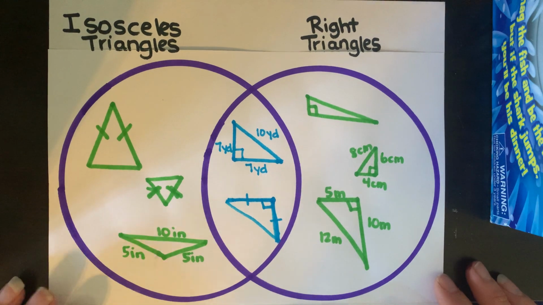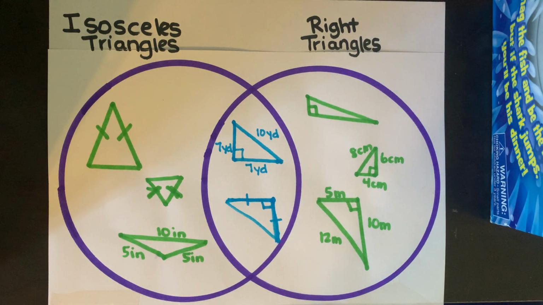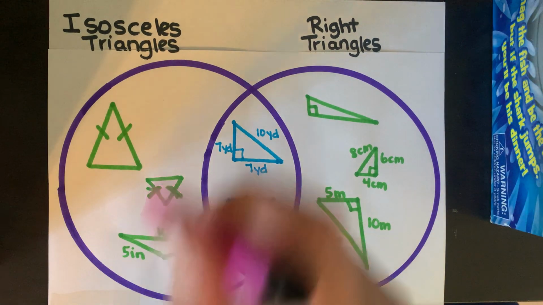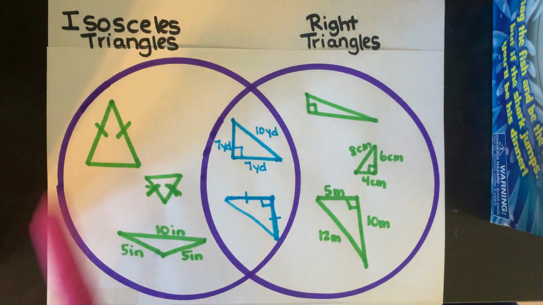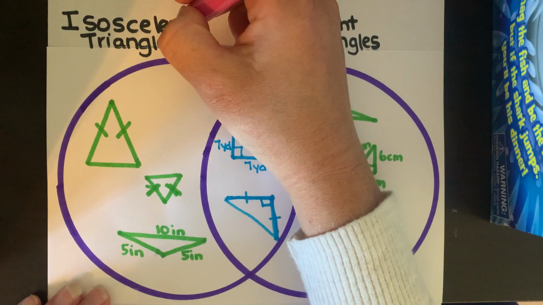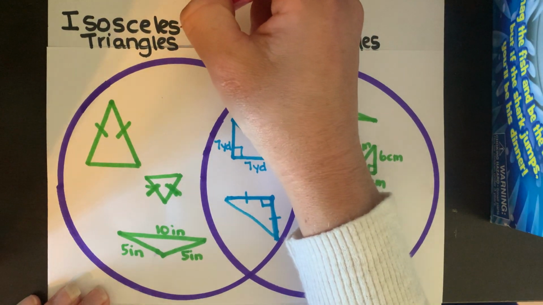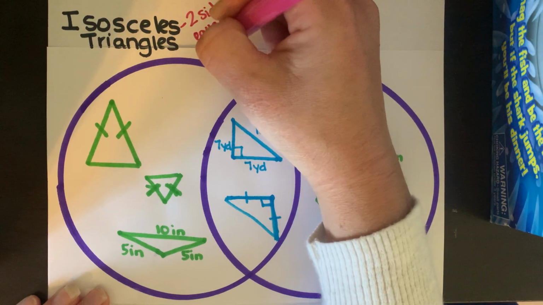And in this Venn diagram, there are two titles to let you know how I classified these triangles. So in my left circle, I have triangles that are isosceles. And this word isosceles means two sides have equal length, okay?